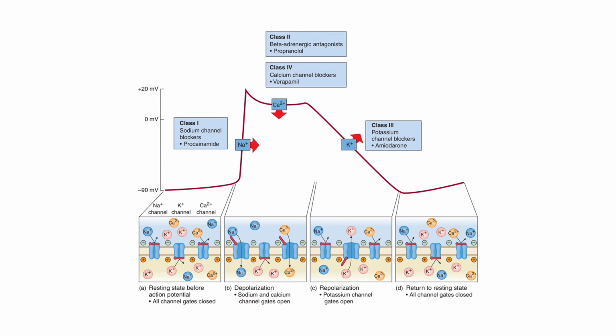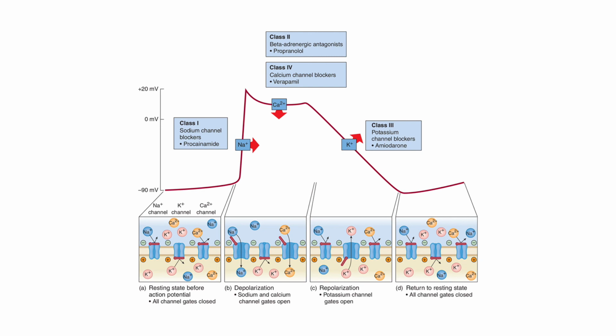Okay, so there's some you haven't heard of, such as procainamide and amiodarone, but there's 2 groups that you've already heard of, the beta blockers and the calcium channel blockers. And basically, they impact different parts of the action potential. The sodium channel blockers block the initial part, where sodium is rushing in. Calcium channel blockers block the calcium from rushing in at the top. And potassium channel blockers, such as amiodarone, block at the repolarization stage.